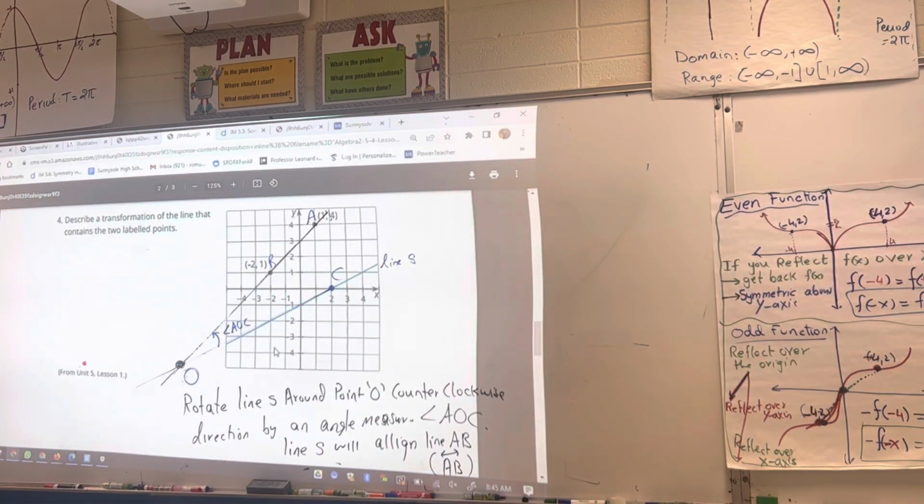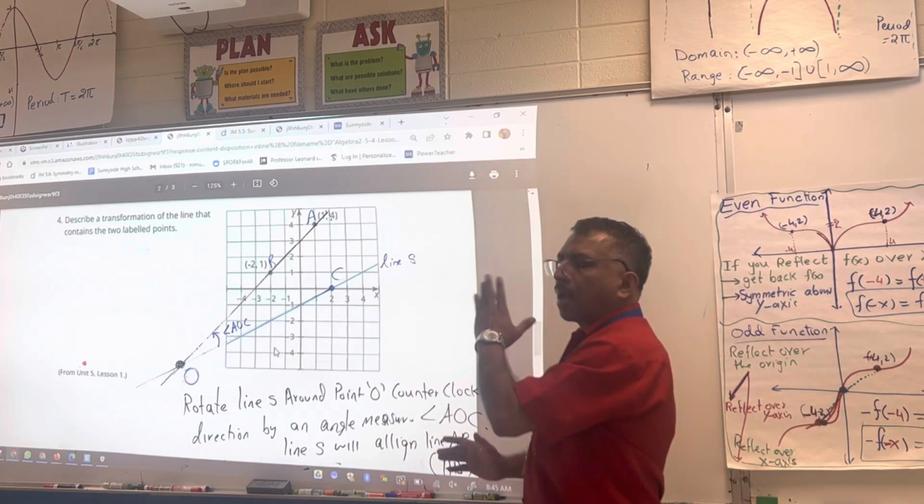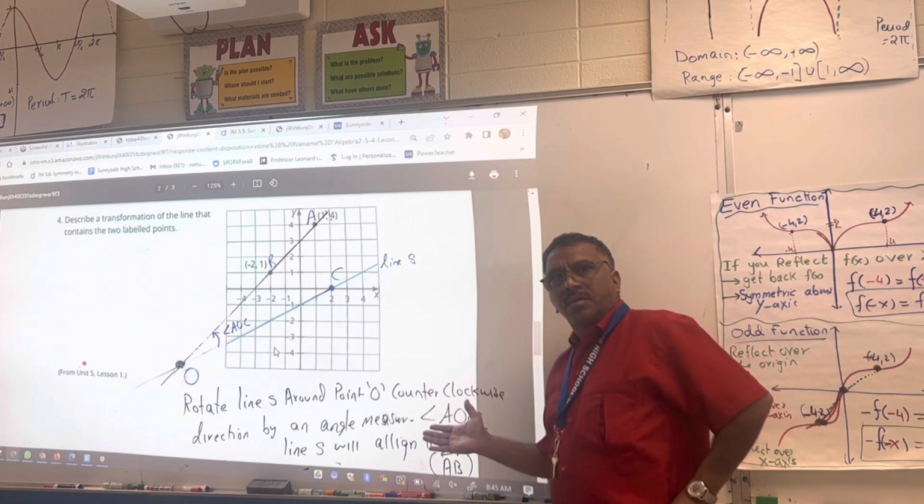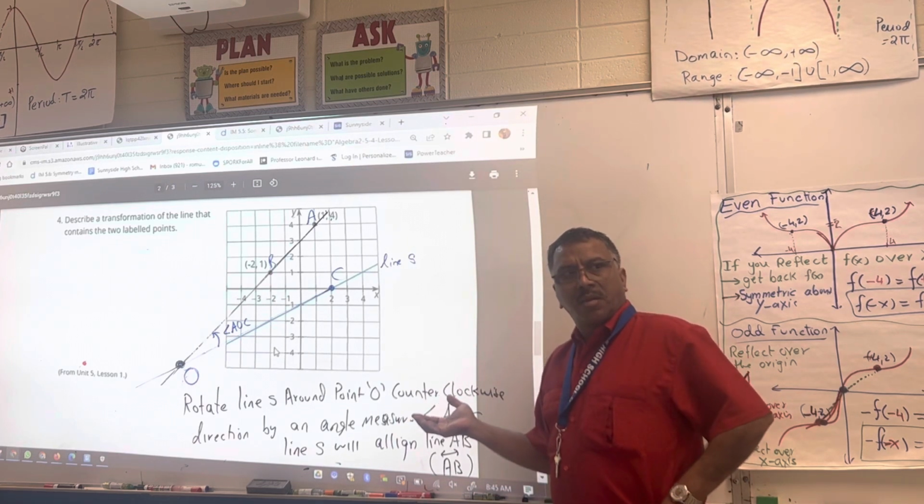As I said, you can always make it nice when you're at home, but right now I'm just giving an idea of what the question describes as some transformation. You say, okay, I can rotate the line from the fixed point O, where the two lines meet, by an angle, rotating in the counterclockwise direction, opposite of clockwise.